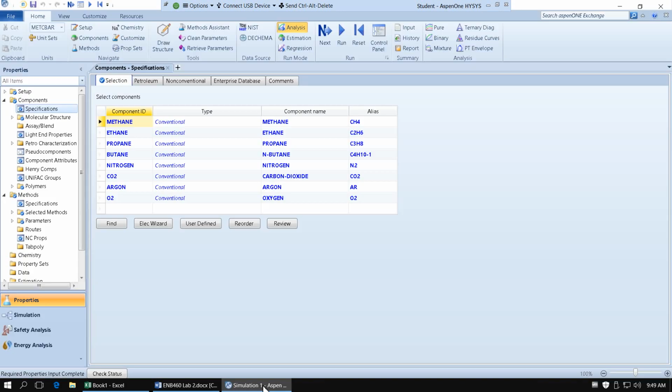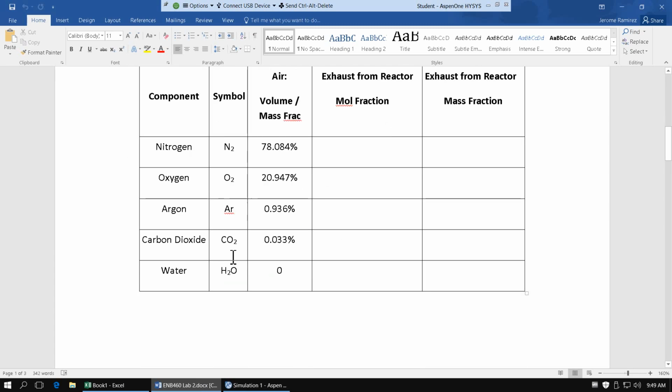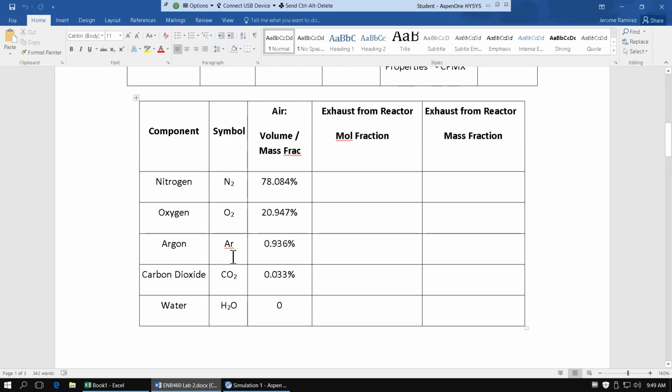All right. So just starting off from last week's video, we have these components put in Aspen at the specification components tab here. We have methane, ethane, propane, butane, nitrogen, carbon dioxide, argon, and O2. But looking at the exercise here, since we're burning hydrocarbons and oxygen, we'll also need to add water as a component.